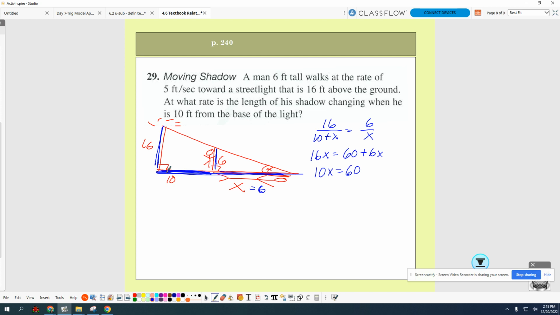It's changing also. So do I need a letter for that also? Sure, yeah. Oh no, can't use D. All right, we'll call it L, because L is changing.